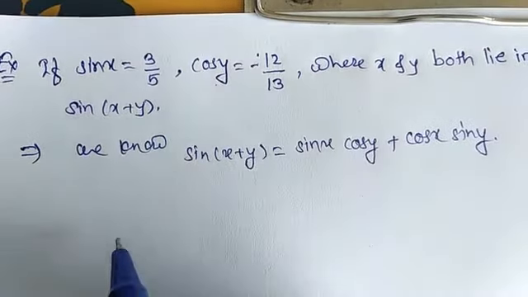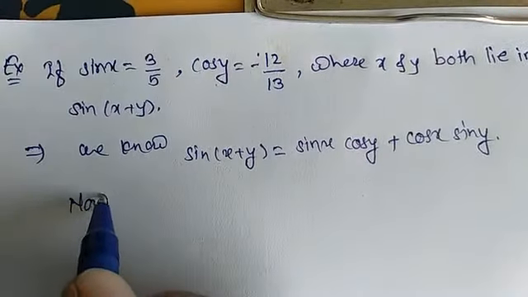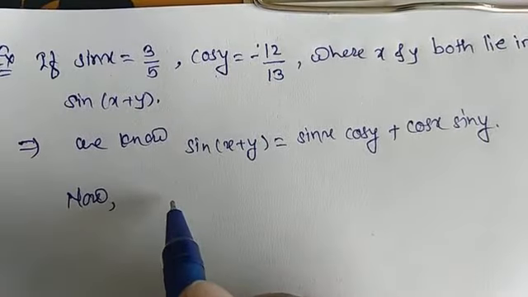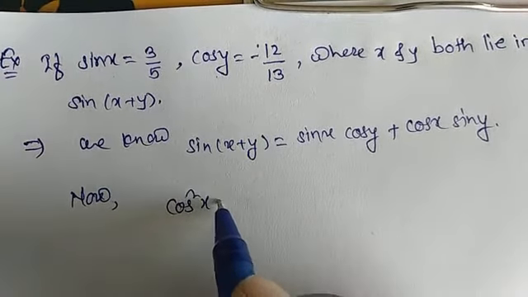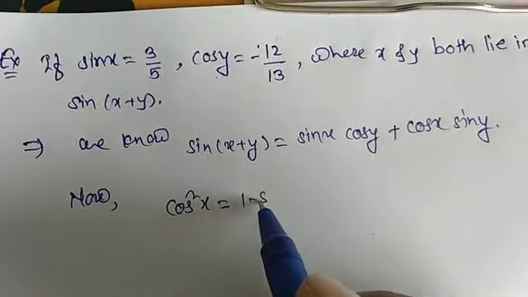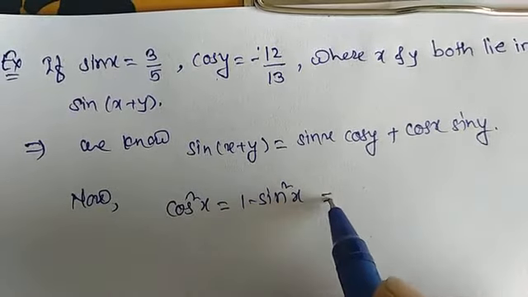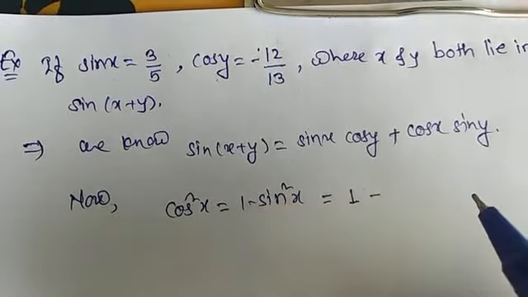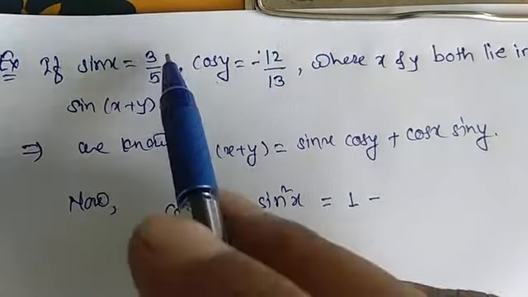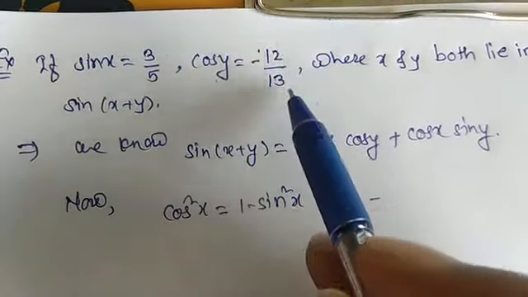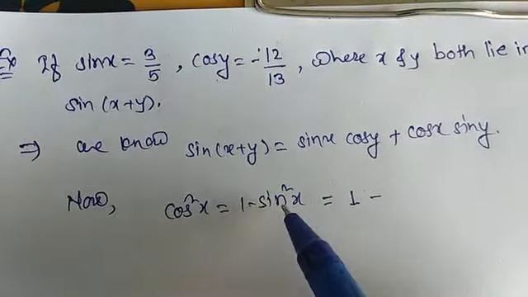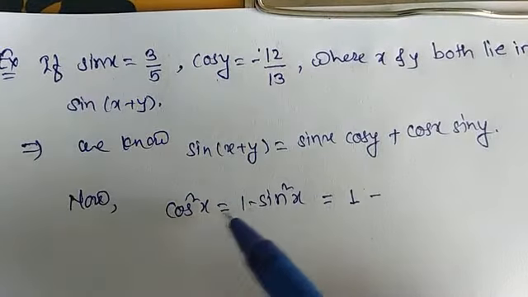Now here cos²x can be written as 1 − sin²x, which is equal to 1 minus. Now here given sin x is equal to 3/5 and cos y is equal to −12/13. So from sin x you can find the value of cos x.